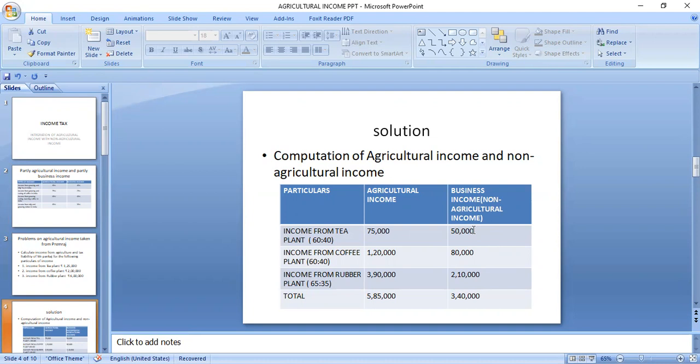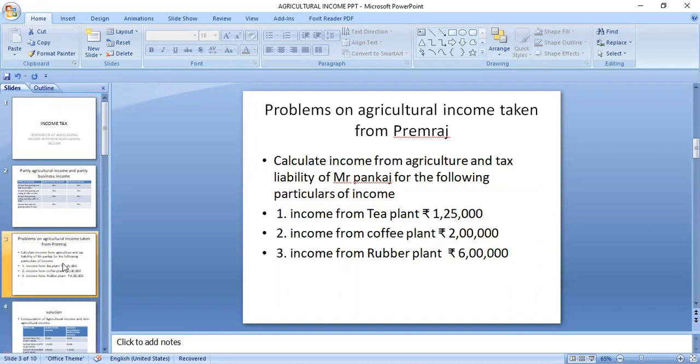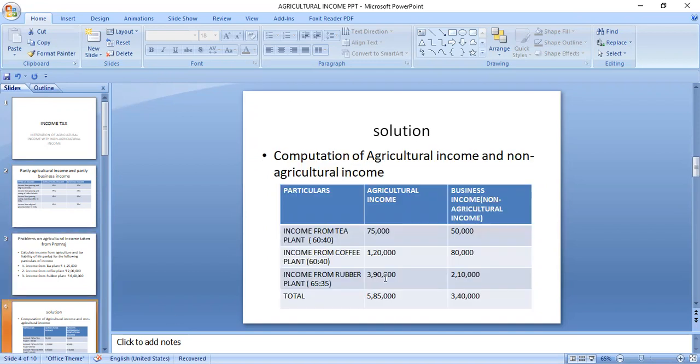Similarly, income from coffee plant at 60-40 gives 1,20,000 and 80,000. Similarly, income from rubber plant at 65-35: 65% of 6 lakhs gives 3,90,000 and the remaining is 2,10,000. Total agri income is 5,85,000 and total non-agricultural income is 3,40,000.